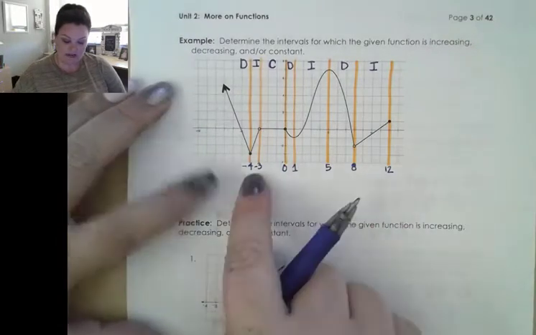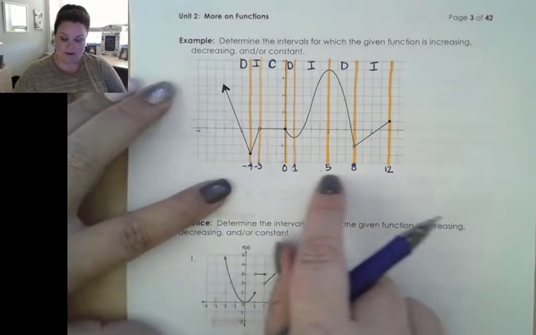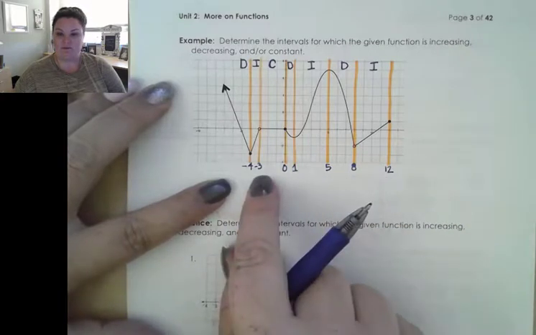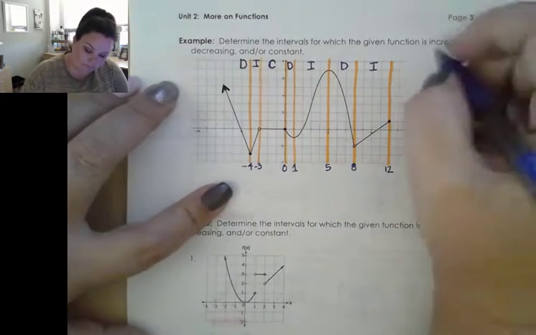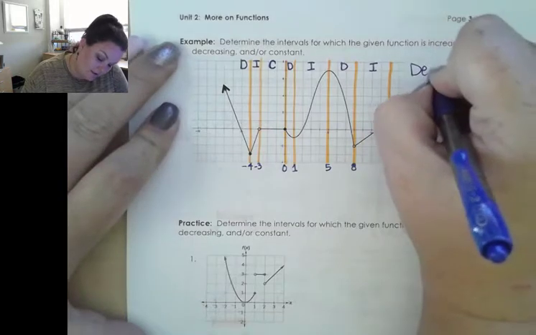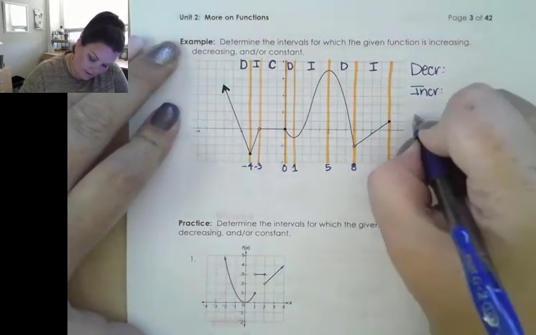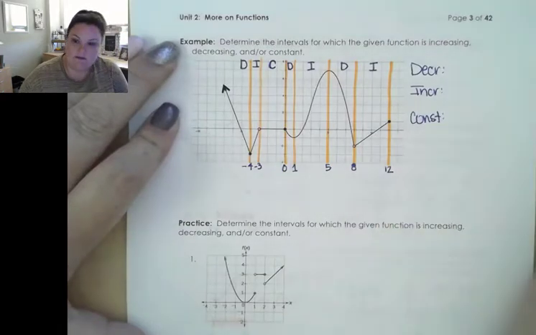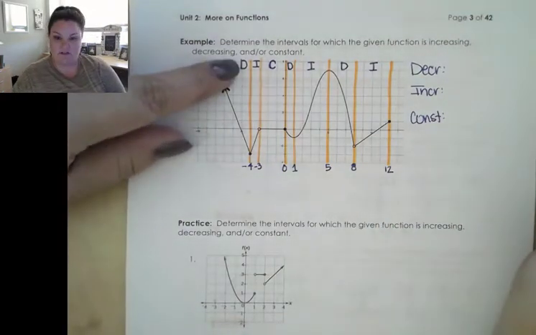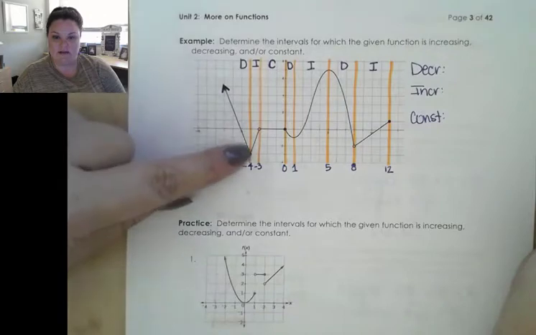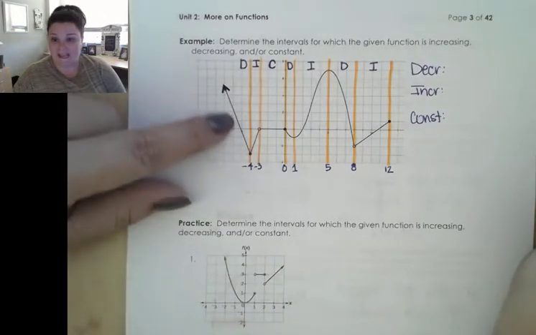Okay, so now that I can easily see my intervals here, all I have to do is write them in interval notation. So I have decreasing, increasing, and constant. Okay, so my decreasing interval, this first interval, remember we write it in terms of our x's.